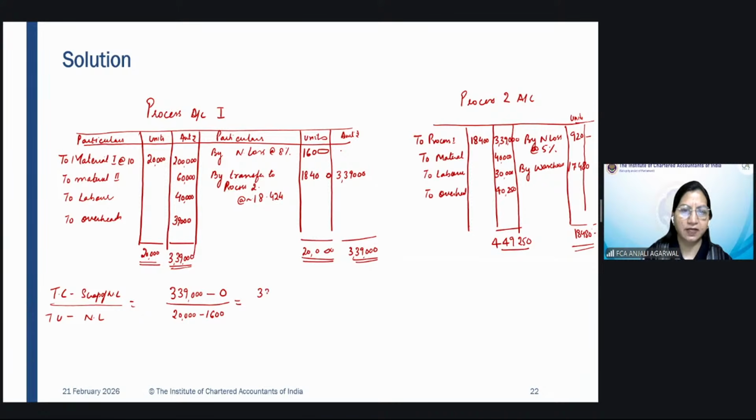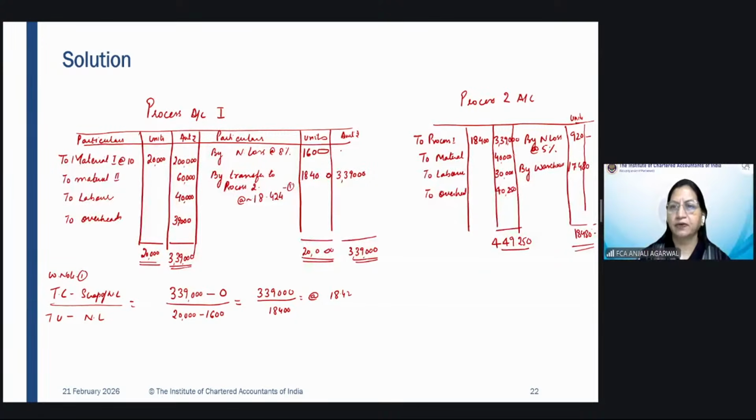So 3,39,000 divided by 18,400. The rate comes out to be 18.42. This will be your working note, which you will mention here.